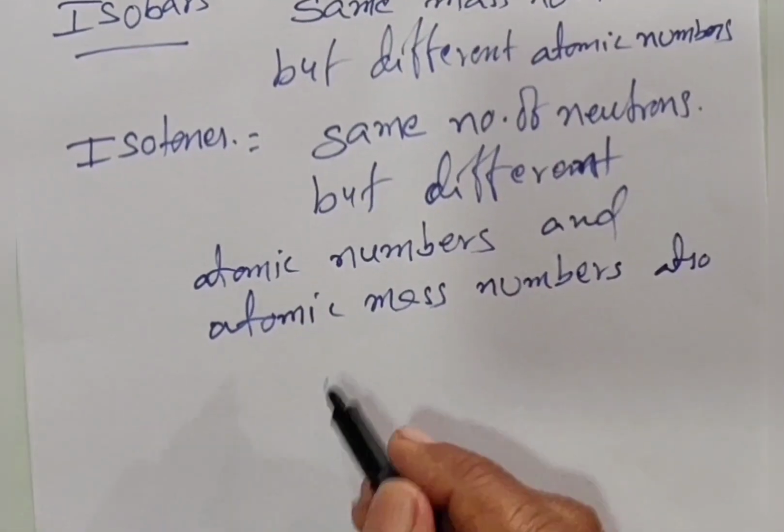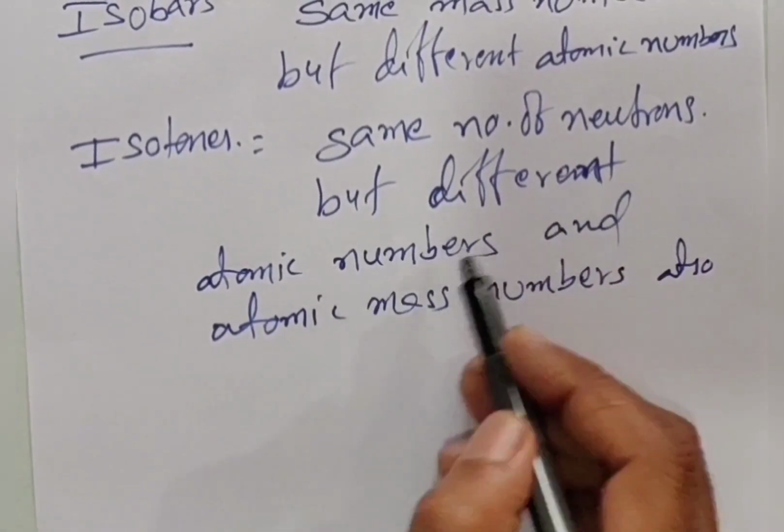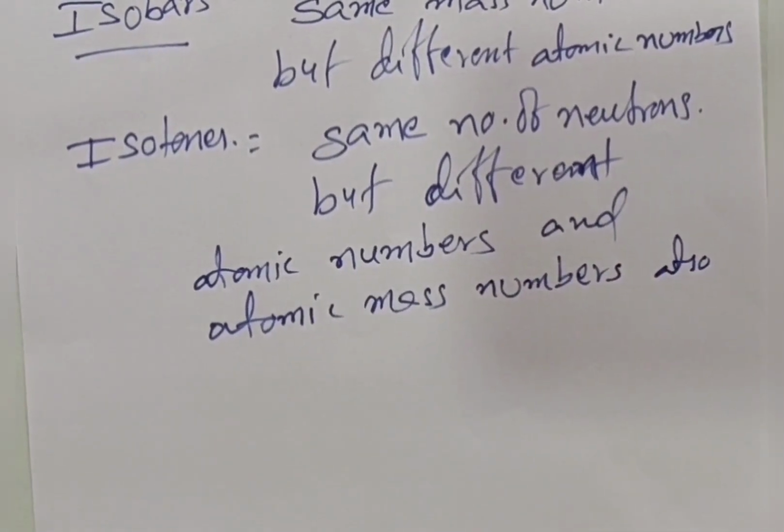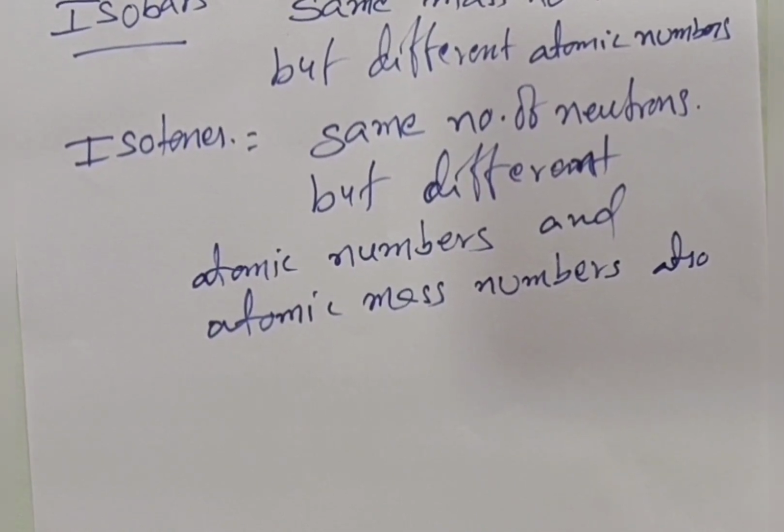This is the short way: same number of neutrons but different atomic numbers and mass numbers.